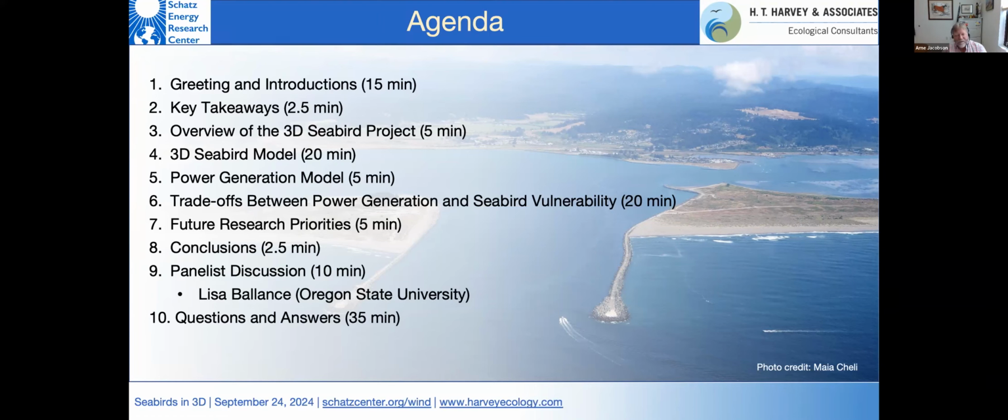We will then have a guest panelist, Lisa Ballance of Oregon State University, who will provide some comments on the work, and then we'll have what we hope is ample time for questions and answers at the end of the session, which we expect to go up to about 3 p.m. Pacific time.